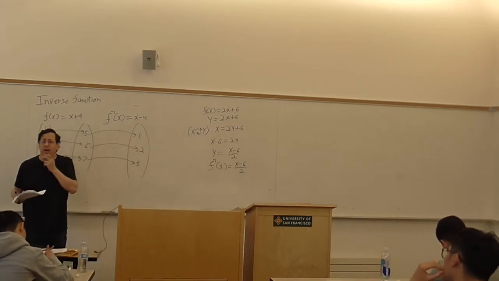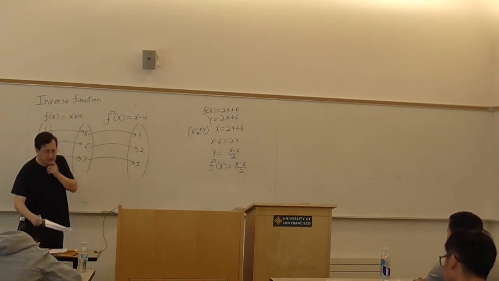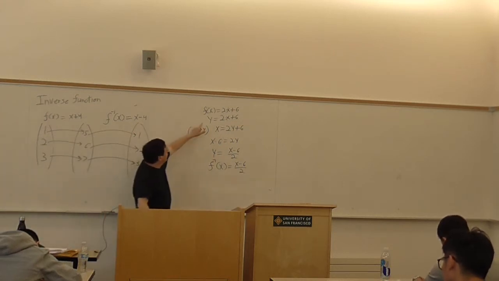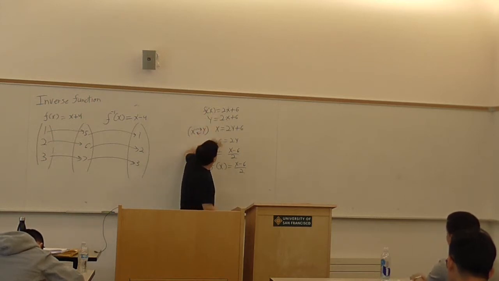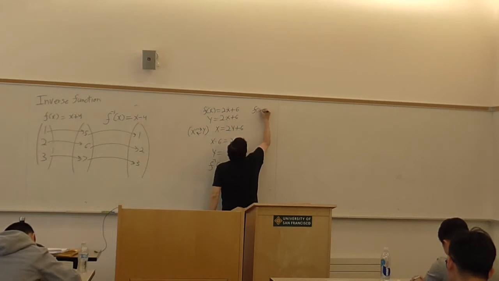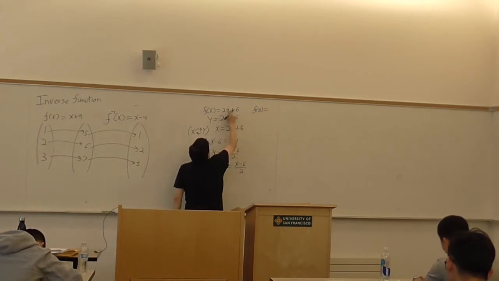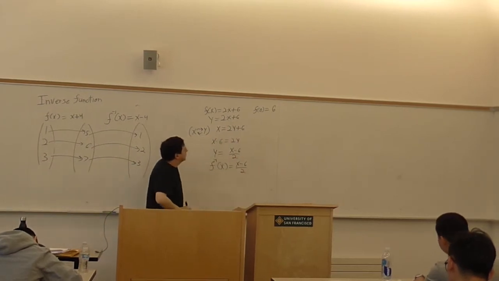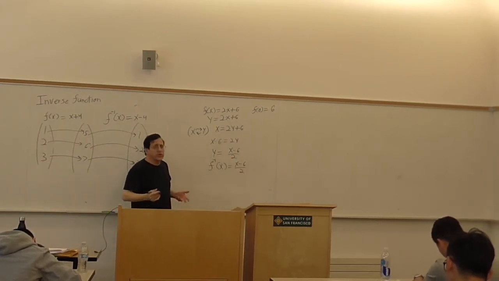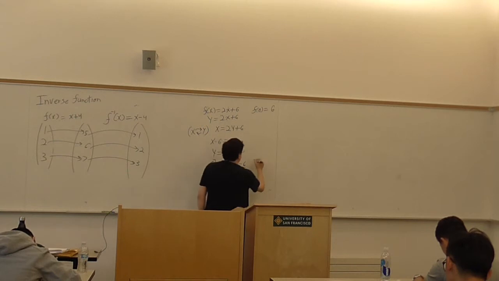Okay, let's check that. Let's see if that makes any sense. Let's pick a value of x. Let's say 0. It's easy to compute, right? So f of 0 is 2 times 0 is 0, plus 6 is 6. Okay. Well, what should the inverse function do?